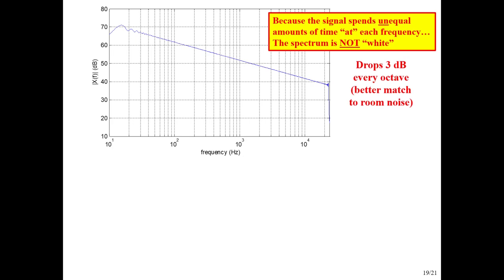And you can find out that it drops 3 dB every octave. And Farina makes an argument that that's better for room noise, because HVAC systems tend to be louder at low frequencies than at high frequencies. So he argued that that was yet another advantage to this.